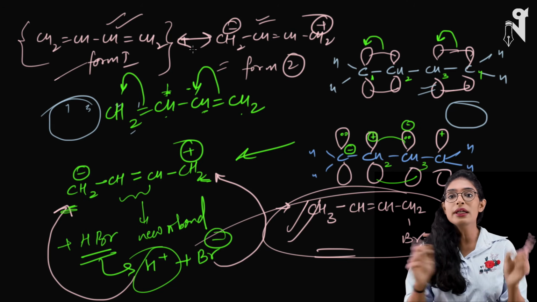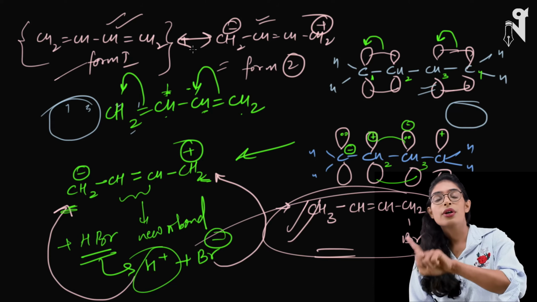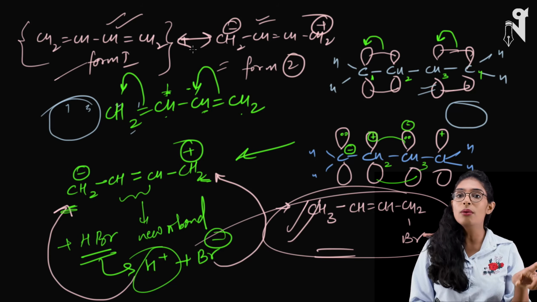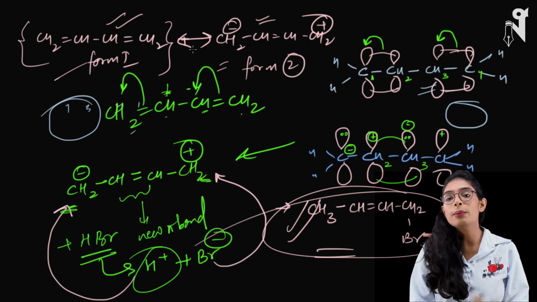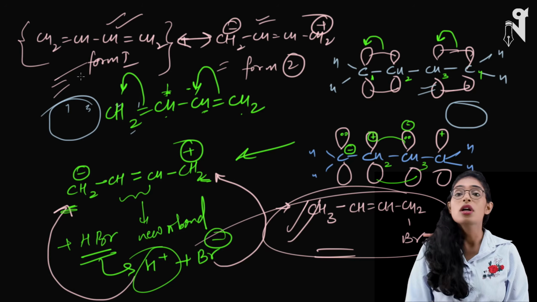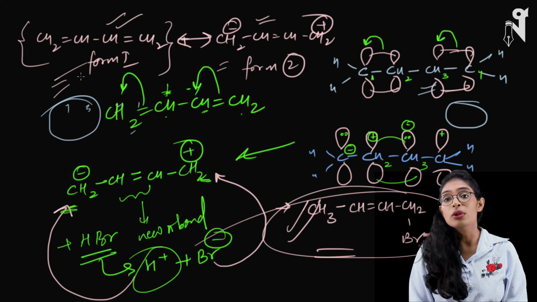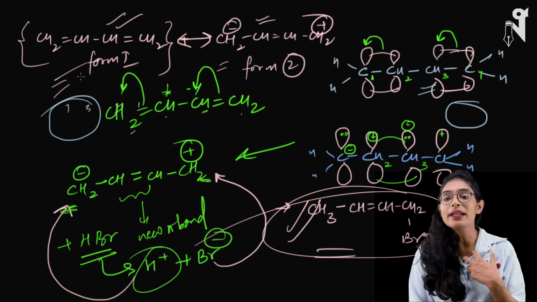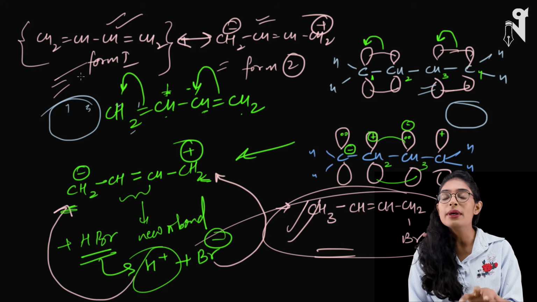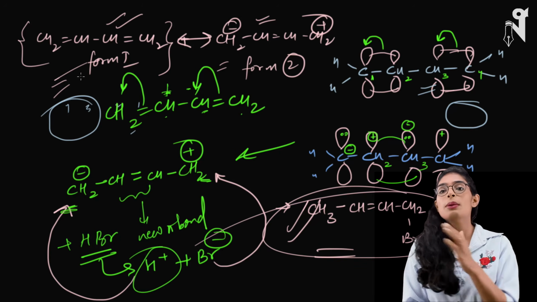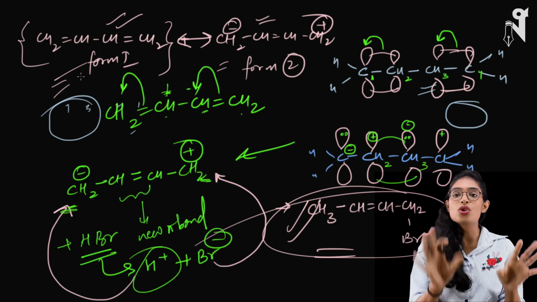Form 1 is getting converted into form 2, form 2 is getting converted into form 1, and this is in equilibrium. So I can define my buta-1,3-diene neither by form 1 nor by form 2. Both of these forms I can write on paper because I know hybridization, because we learn single bond, double bond, triple bond only, and we can show them.